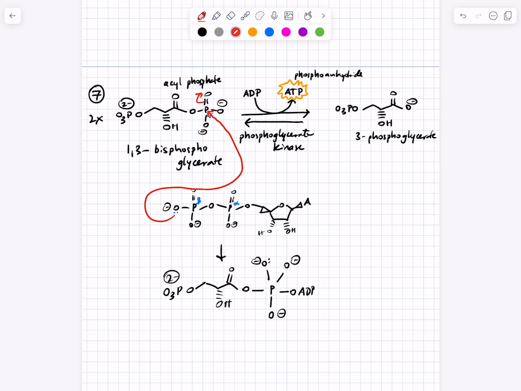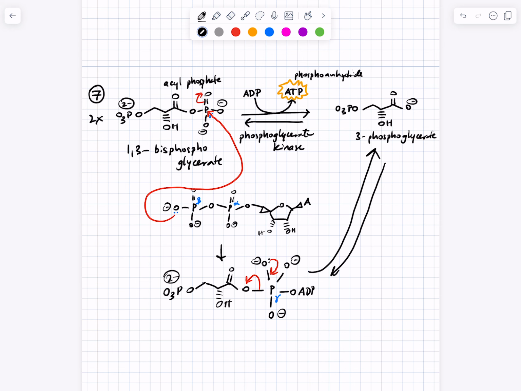Electrons from one of the negatively charged oxygens will kick down and kick off phosphoglycerate as the leaving group. The acyl phosphate from our starting material becomes the gamma phosphoryl group of ATP.